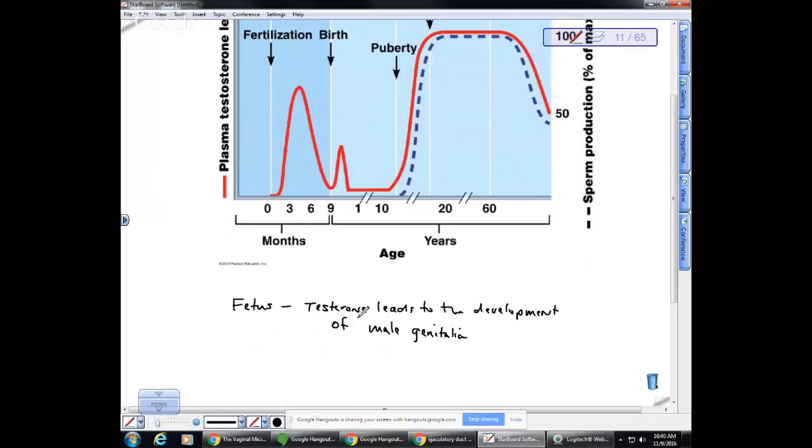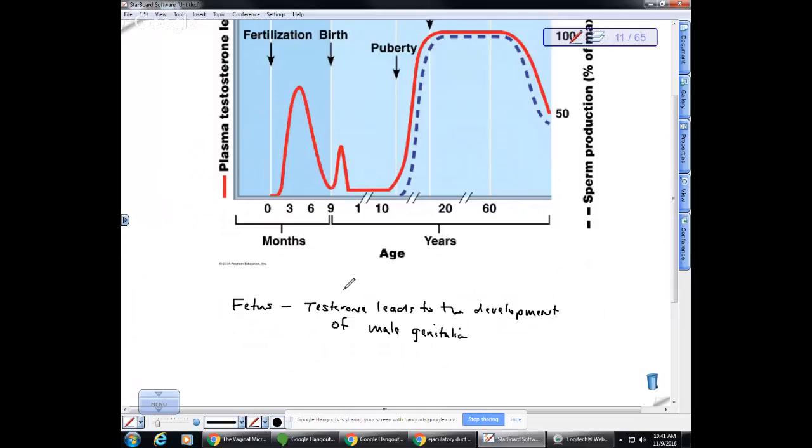So sometimes babies are born with ambiguous genitalia where you can't tell whether they're male or female. And it could be due to having too much testosterone if you're a female, or not enough testosterone if you're male, right? So that testosterone level is really important in determining the external and internal genitalia.